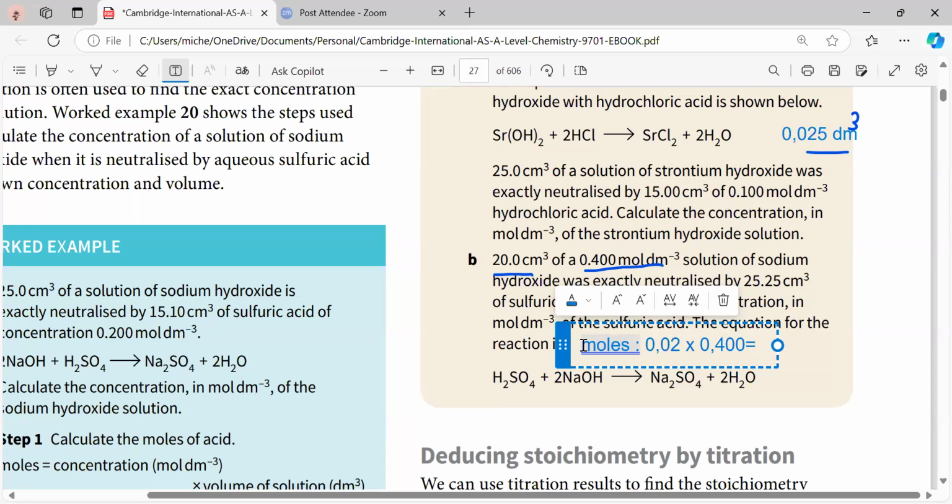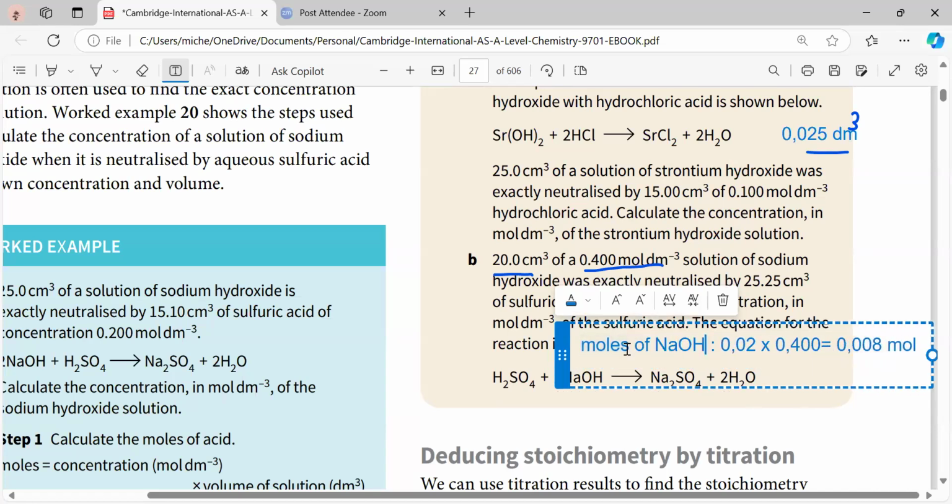So now we have 0.008 mole. So this is NaOH. I'm going to write this moles of NaOH to avoid confusion.